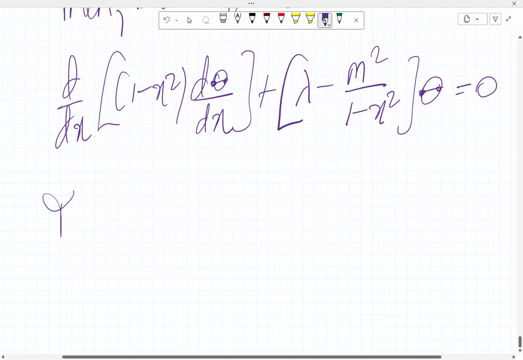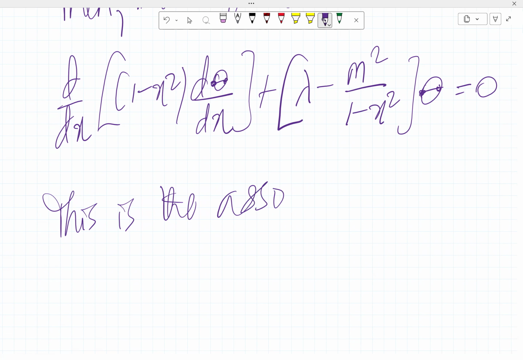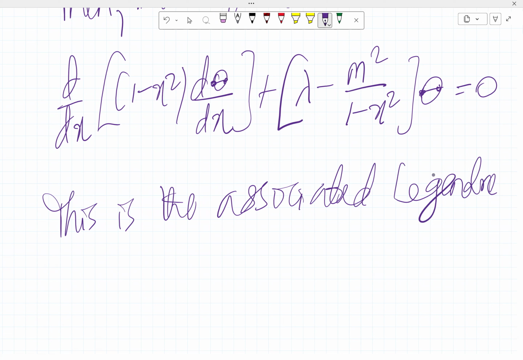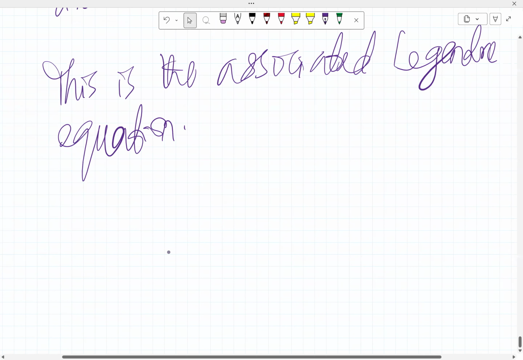And this is the associated Legendre equation, which we've dealt with a couple of times. With that in place, this is something we're familiar with, so we can deal with that.